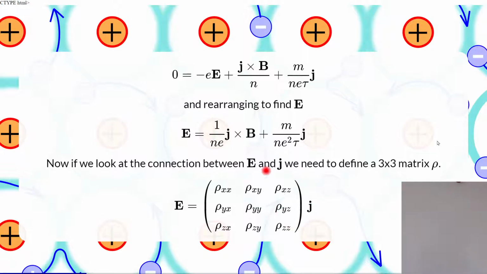So what we could do is write out the components of this, and then compare the x component of the electric field, the x component of the current.